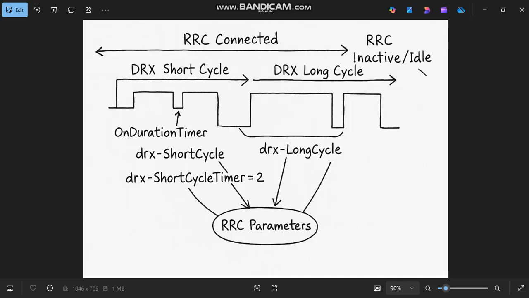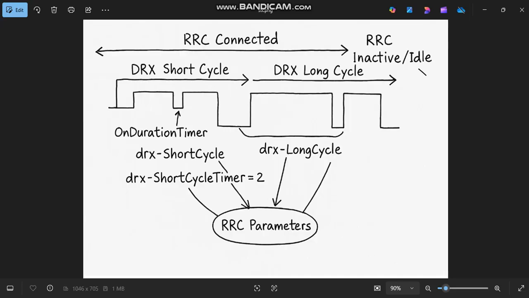I can explain. The DRX short cycle is there. In the short cycle the UE turns on and off very easily. On duration time is there. At this stage, the DRX short cycle, the latency is low and energy consumption is high. The on duration timer plus the complete on and off duration is the DRX short cycle.